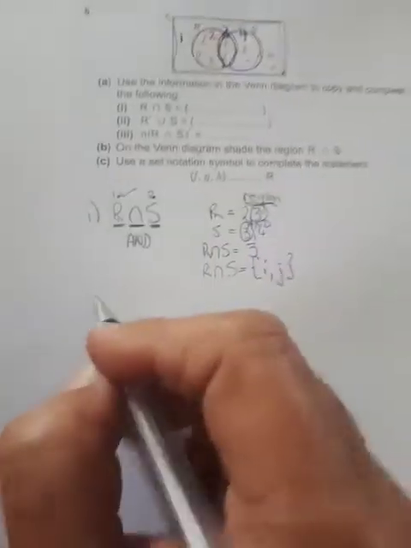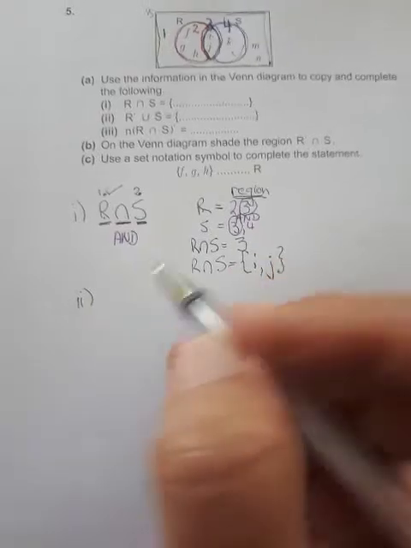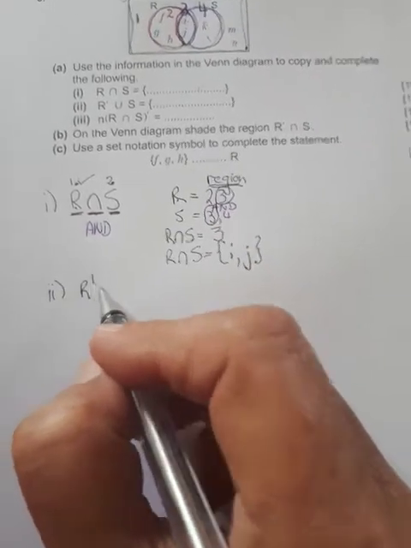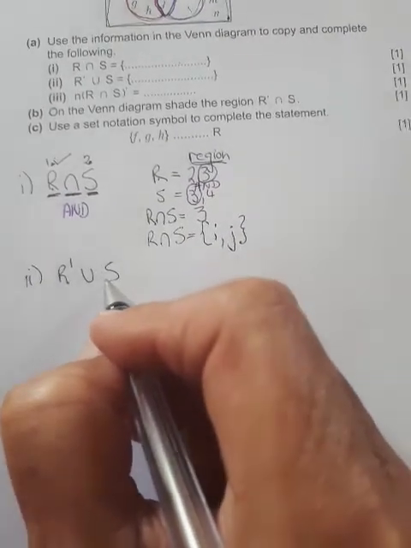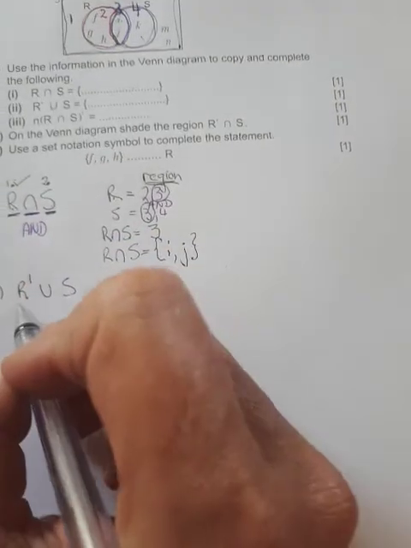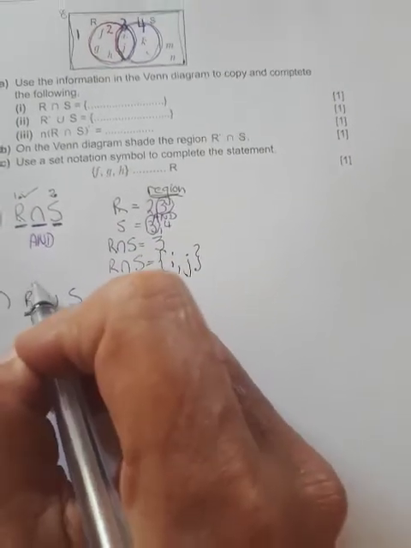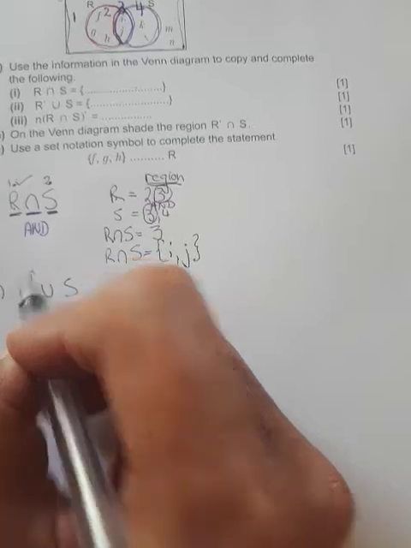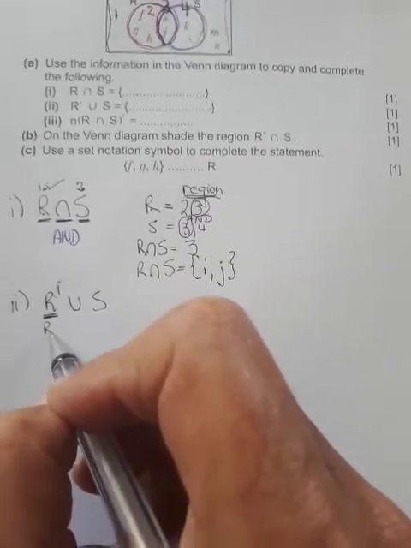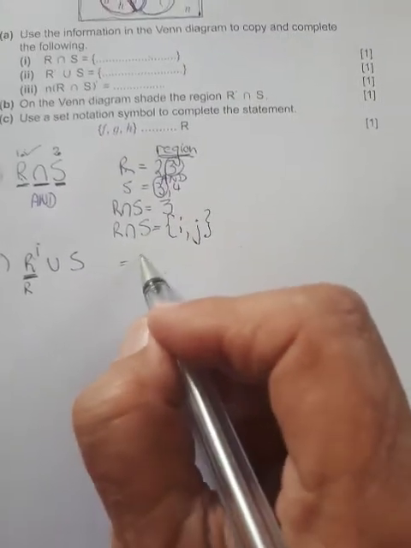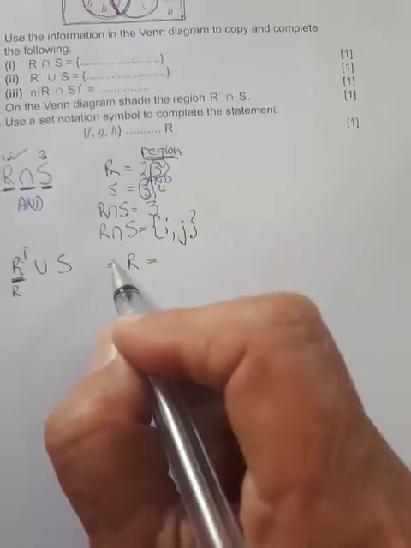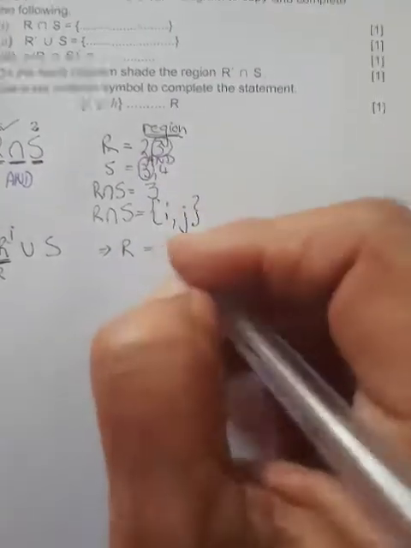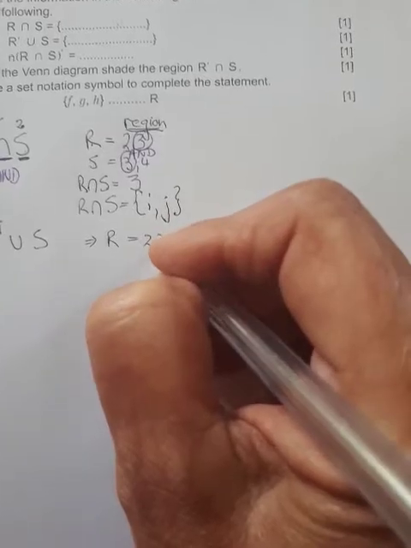Now, if we look at Roman 2, which is R complement union S. Again, we are starting with the first one. Because it's a complement, I told you, first write R. We got that one up here. It's 2 and 3.